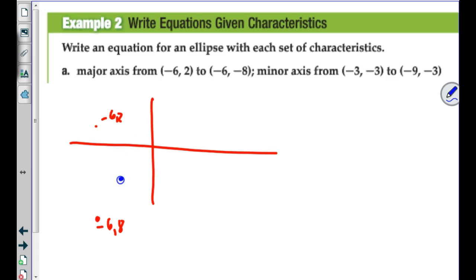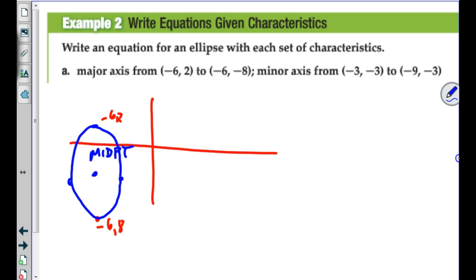Left 3, down 3, left 9, down 3. Can you find the center, guys? Even if you only had the vertices or only had the co-vertices, the center is the midpoint.